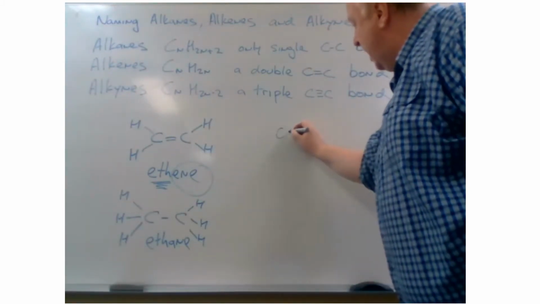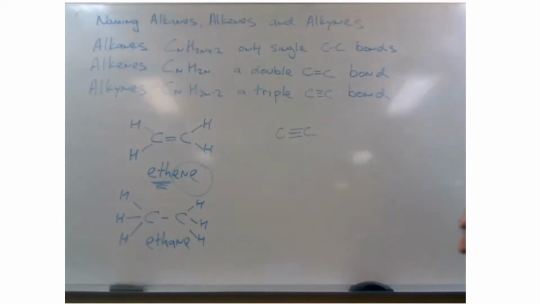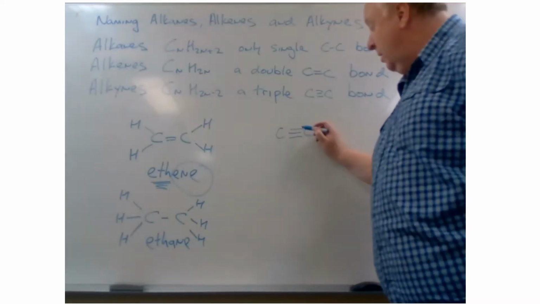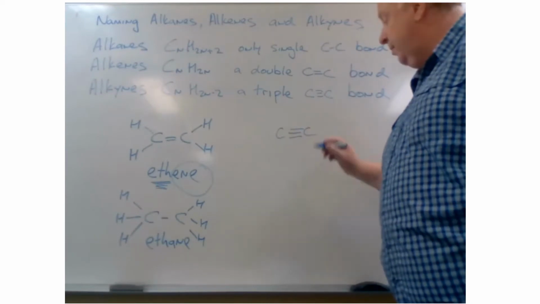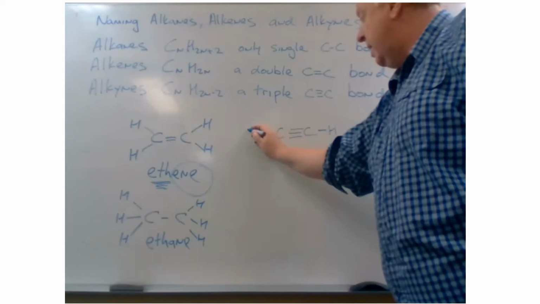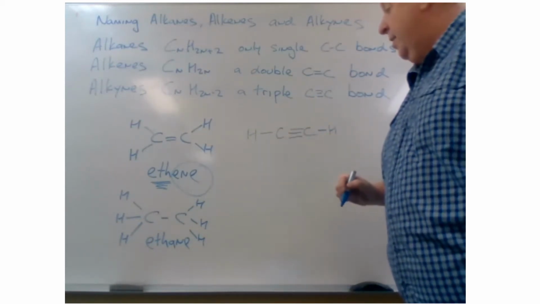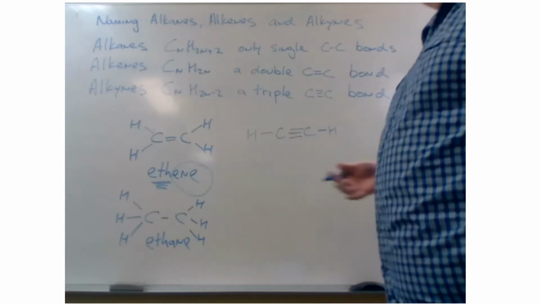So we start with our 2 carbons. We have a triple bond. Remember, each carbon wants to have 8 electrons around it. So it currently has 6 because they're sharing. I can now only put 1 hydrogen onto each carbon to satisfy the octet rule. And this we're now going to name ethyne.